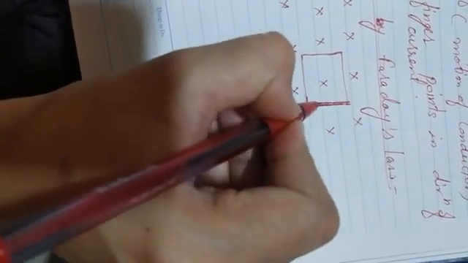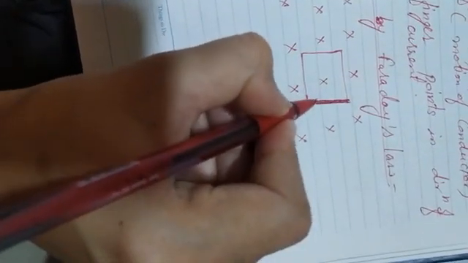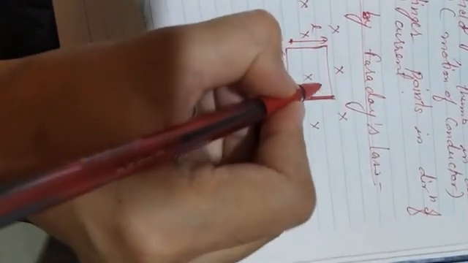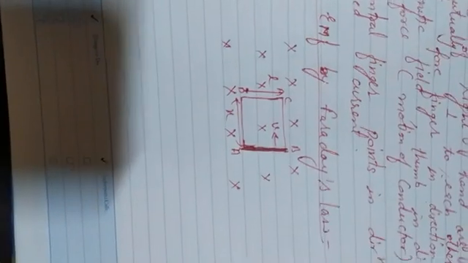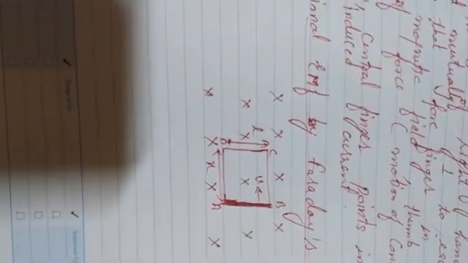This dark portion has length L, and this other portion we take as X. Understood? And this portion is movable. We can label it A, B, C, D. AB is the movable part.